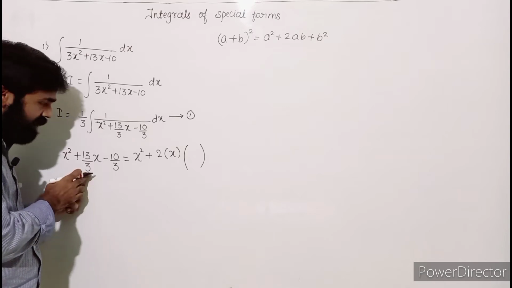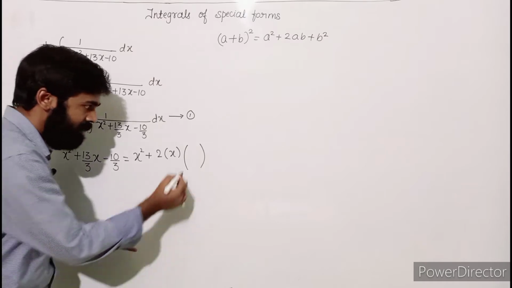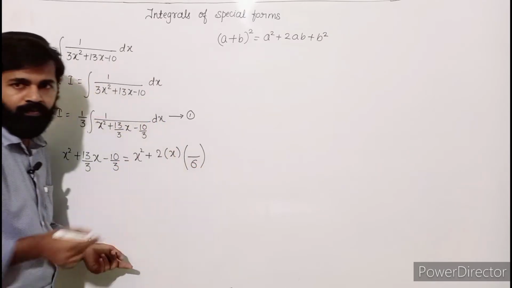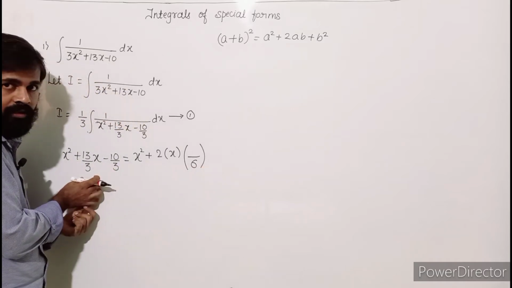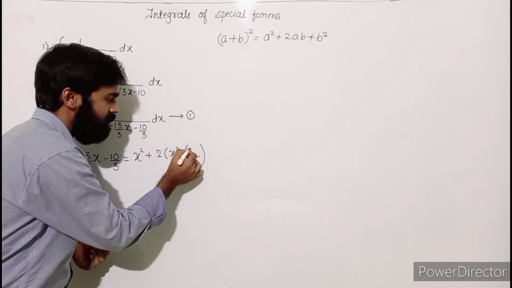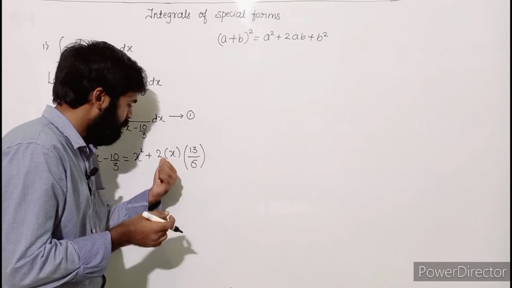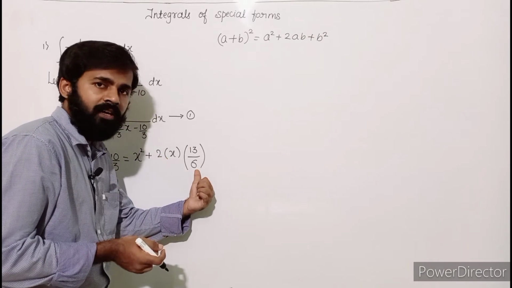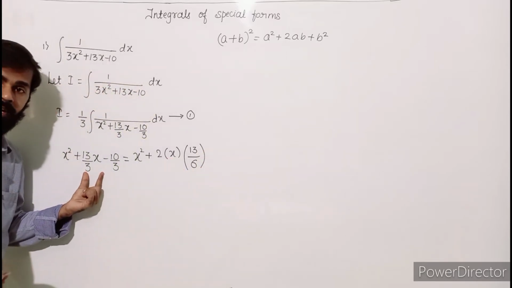So I have to get 3 here. 2 3s are 6. So if I write 6 here, 2 1s are 2, 3 2s are 6, I get 3 in the denominator, and I should get 13 in the numerator. So I write 13 in the numerator. Now you can see if you simplify, 2 1s are 2, 3 2s are 6, we have 13 by 3 x.